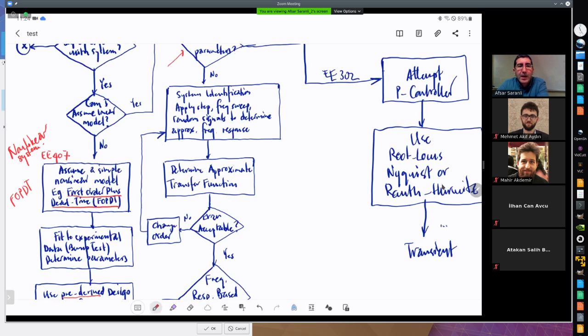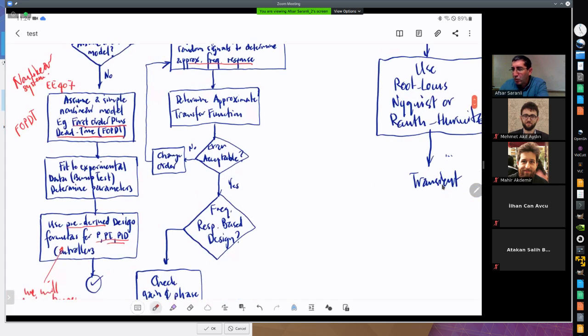Equivalently, one can apply random signals, white noise, in order to see the power spectral density of the output of the system. This is another way of determining the frequency response. So in the end, what you have is an approximate frequency response for this system. Then from this, you can also determine the approximate transfer function of the system.